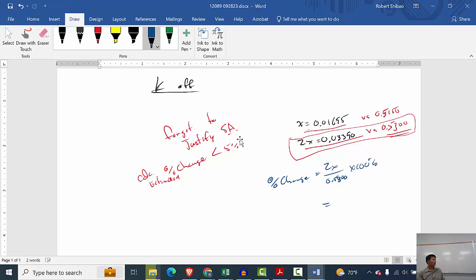And so 2X, we can calculate it up here. It's 0.03390 divided by 0.5300 times 100%. And so let's go ahead and calculate it. 0.0339 divided by 0.53 times 100.